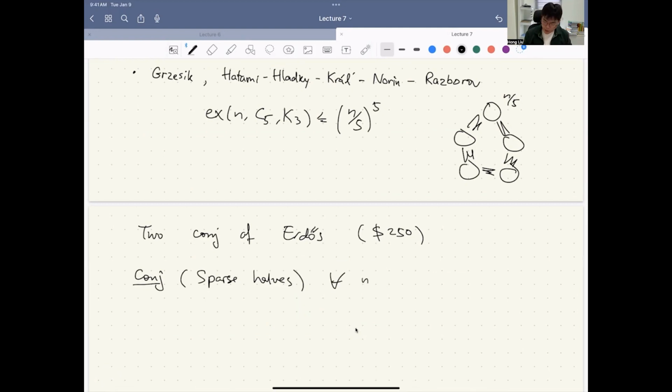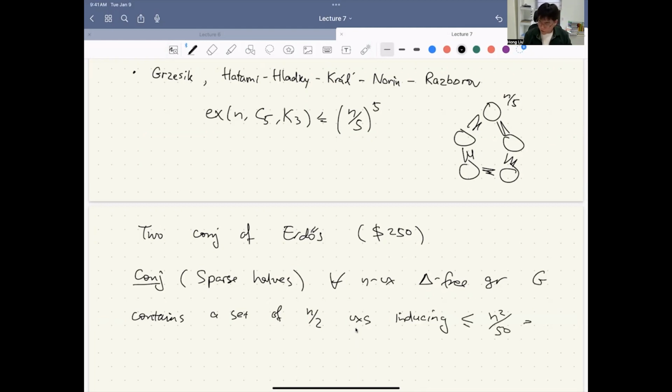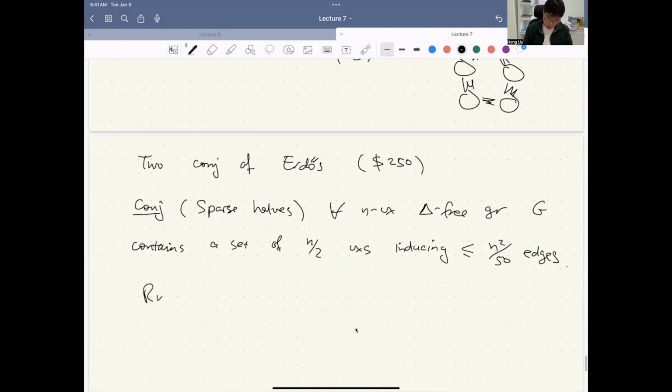For any n vertex triangle free graph G, it contains a sparse half. What does it mean? It contains a set of n over 2 vertices inducing at most n squared over 50 edges. The number looks a little strange, but it's best possible if true.